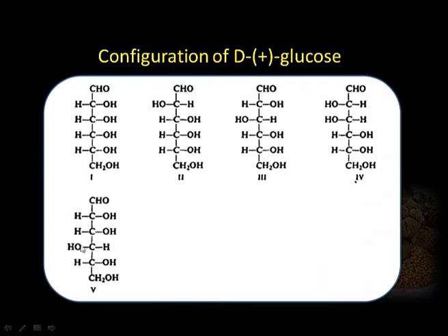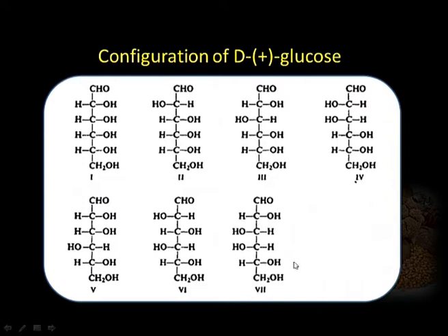Next, in the fifth structure, the hydroxyl at carbon number 4 is on the left side, then carbon numbers 2 and 4 on the left side, which also form an epimeric pair, then hydroxyls at carbon numbers 3 and 4 on the left side, and then hydroxyls on carbon numbers 2, 3 and 4 on the left side. In all these 8 structures, the hydroxyl at carbon number 5, the lowermost asymmetric carbon atom, is kept on the right side.